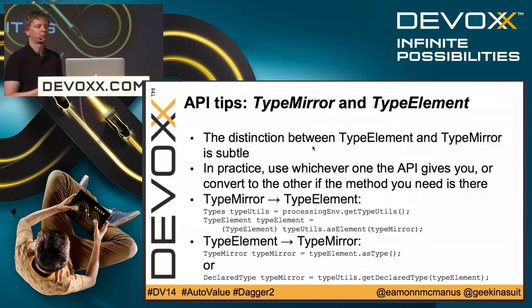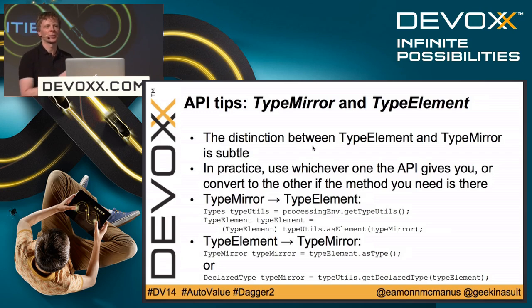Okay. Another thing that's a little bit head-scratching is that you have these things called TypeMirror and TypeElement. The distinction is kind of subtle. It's similar to the distinction between, let's say, a List of E versus a List of String.